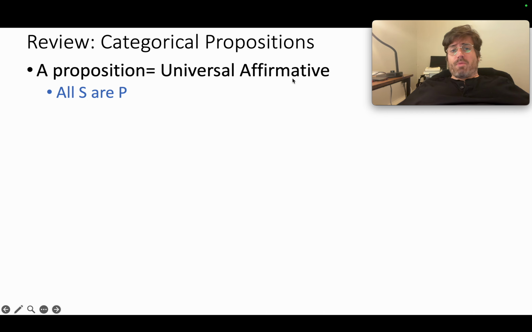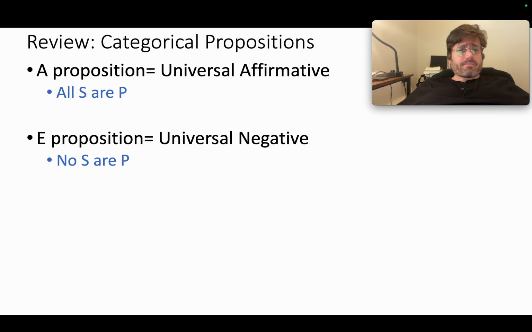and the quality of the proposition is affirmative because we really are including membership of the S class in the P class. The second type of categorical proposition is the E proposition, which is our universal negative.